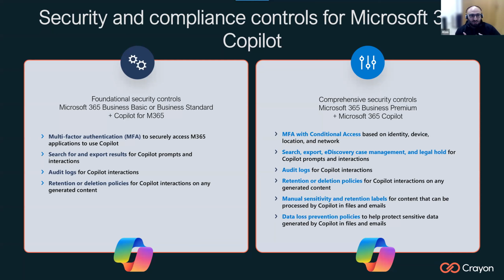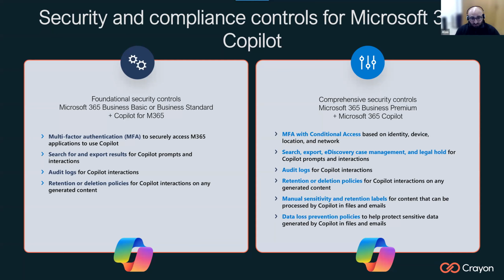Business and Business Standard security capabilities when we talk about Copilot. While they have some security features, it is not really enough when we talk about the world of security. It's not enough protection compared to Business Premium. So you can have multi-factor authentication, search for export results, audit log, retention and deletion policy, but all basic features.